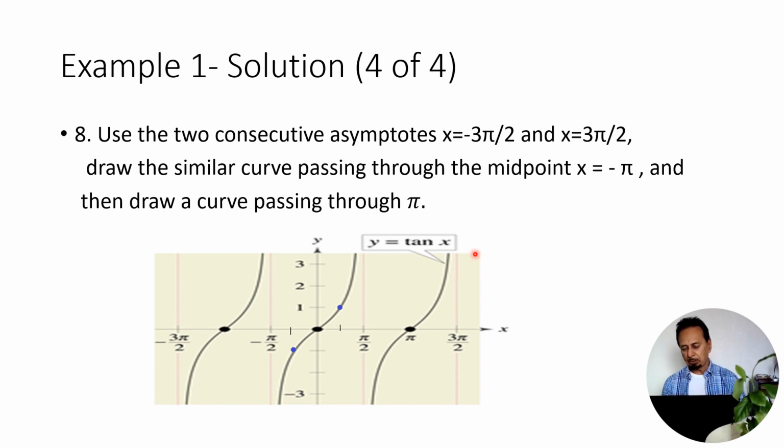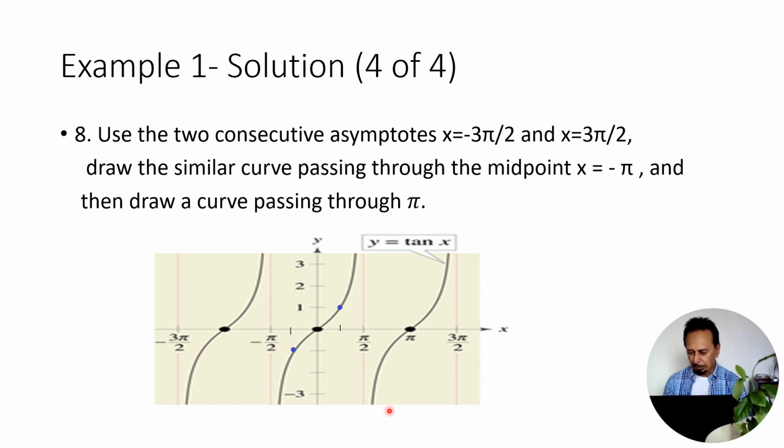Use the two consecutive asymptotes x equals minus 3 pi over 2 and x equals minus pi over 2. Draw a similar curve passing through the midpoint, x equals minus pi, and then draw the curve through x equals pi. So we drew this one from negative pi over 2 to pi over 2.